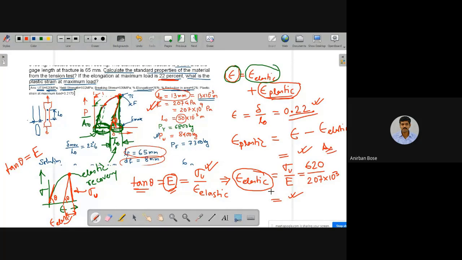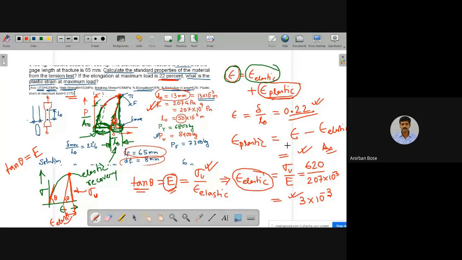Okay, and hopefully you will get an answer of the order of 3 into 10 to the power minus 3. Which one? Elastic strain. Let me calculate: 620 divided by 207. Yes, it is in that order, 2.9 into 10 to the power minus 3, right? So it is in the order of 3 into 10 to the power minus 3, and 0.22 is there.